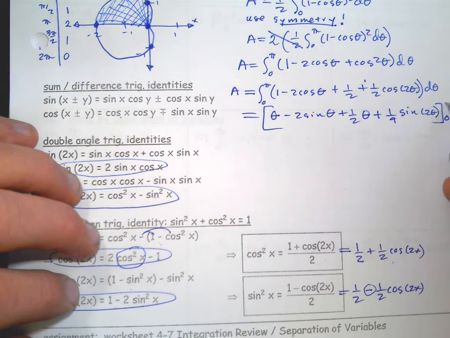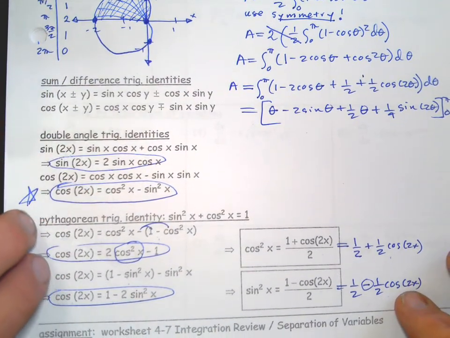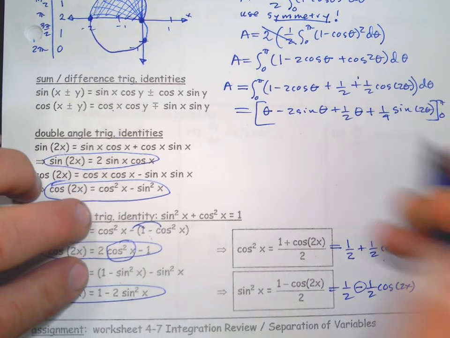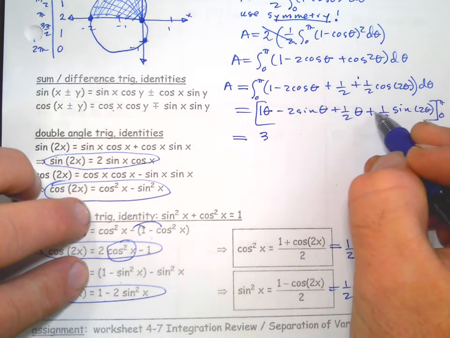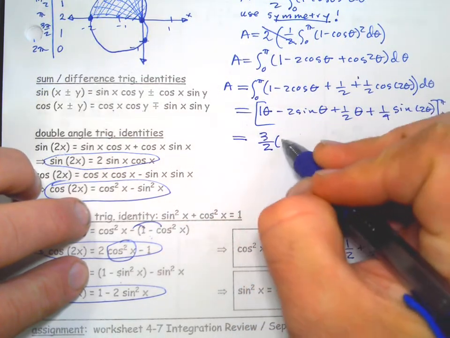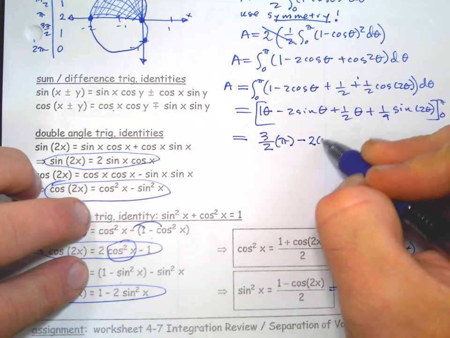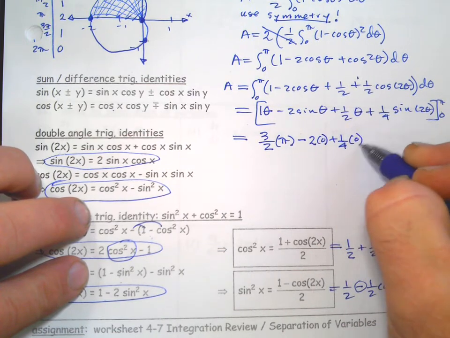And this is a definite integral, so we're going to be plugging in 0 to pi. In the next step, we could combine the 1 theta and the 1/2 theta to be 3/2 theta. Put pi in. Minus 2 times sine of pi is 0. Plus 1/4 of sine of pi is 0.